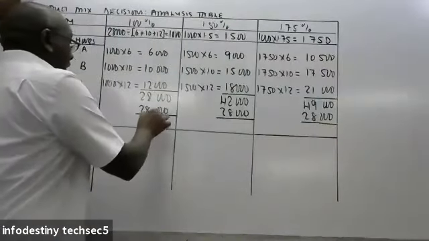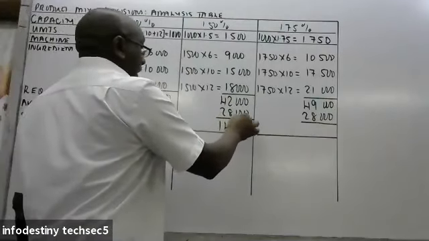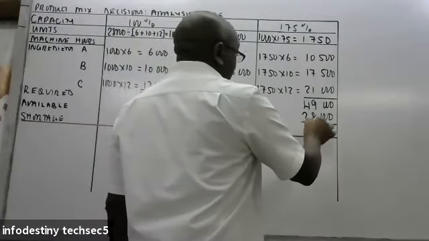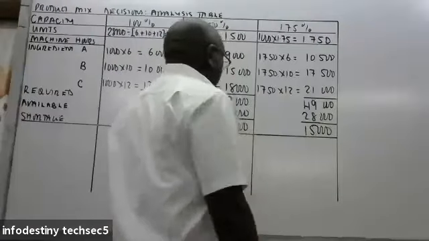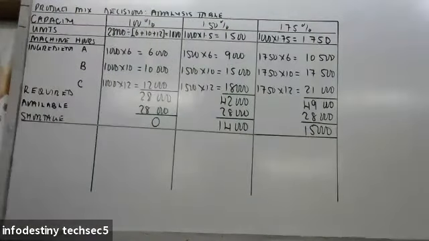So here we don't have a shortage. Here we have a shortage of 14,000. And here we have a shortage of, no, not 15.